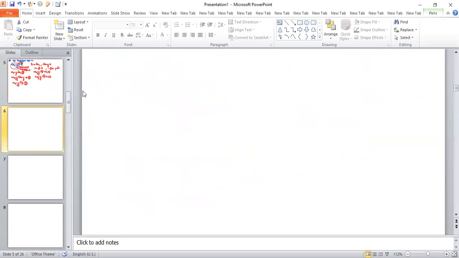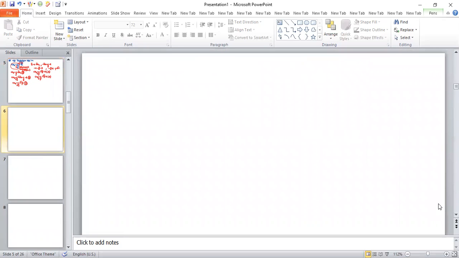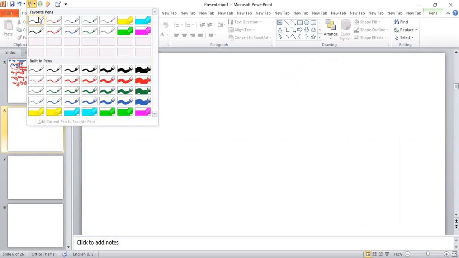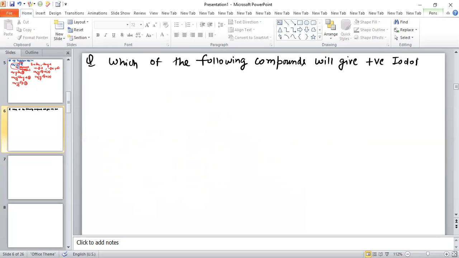See, the question is: which of the following compounds will give a positive iodoform test?